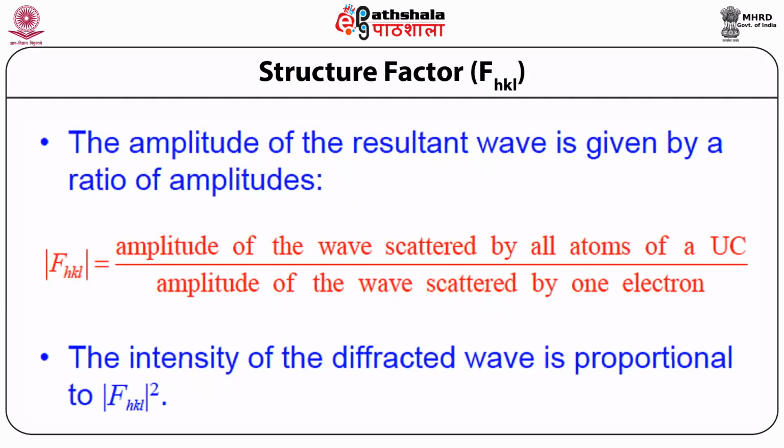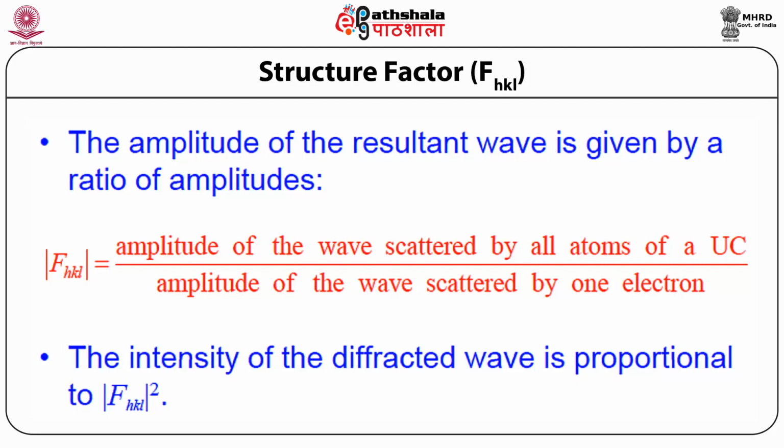So you see here we have defined the structure factor like this: mod of F_HKL is equal to the amplitude of the wave scattered by all atoms of a unit cell, divided by the amplitude of the wave scattered by one electron.